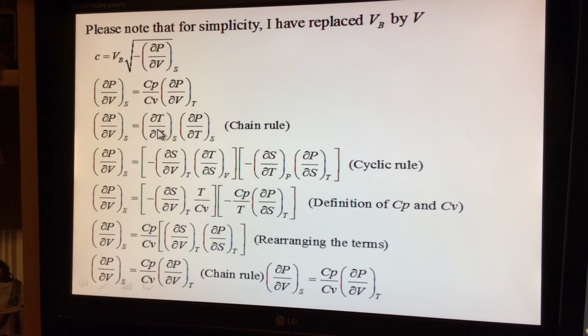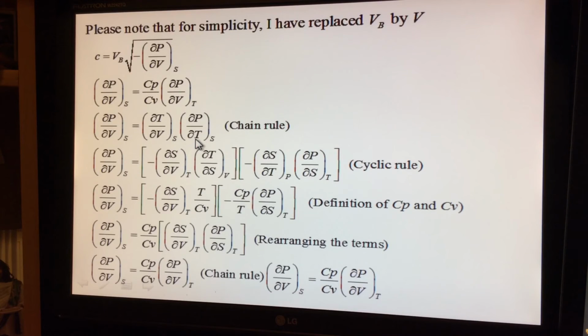So you apply a chain rule, and you can see that this is split into two. Remember that in a chain rule, the variable that you're keeping constant is exactly the same, so they both are entropy. If you do that and you cancel this one, you get dP by dV at constant S, which is exactly the same thing. Then we'll apply the cyclic rule to each of these two expressions.